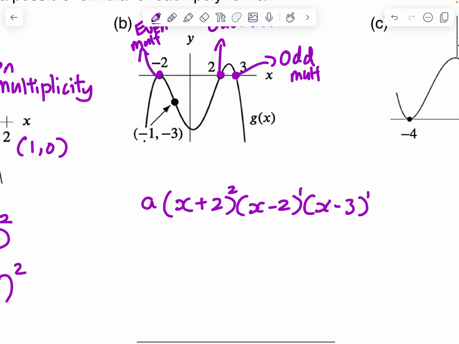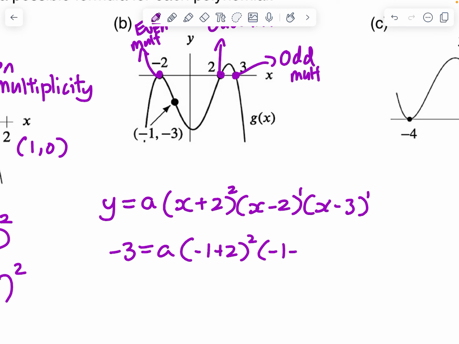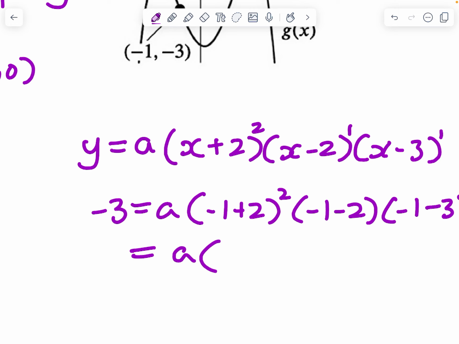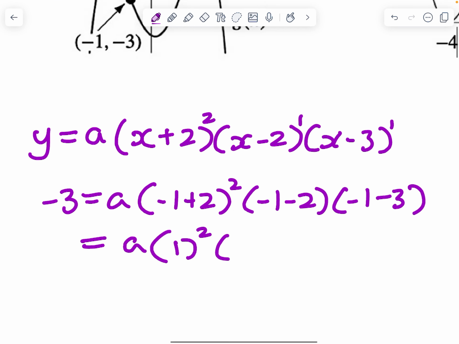So now I want to solve for a, and again I'm given a point here, so I can solve this by substituting the values. So y is -3, x is -1. So I substitute those numbers in and solve for a. I have -1 plus 2 is just 1 squared. -1 minus 2 is -3. -1 minus 3 is -4.